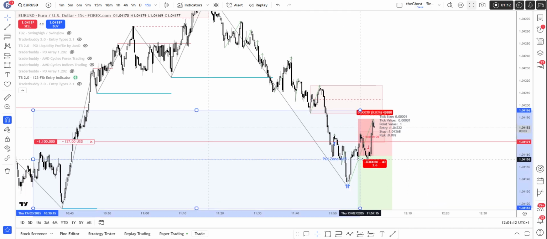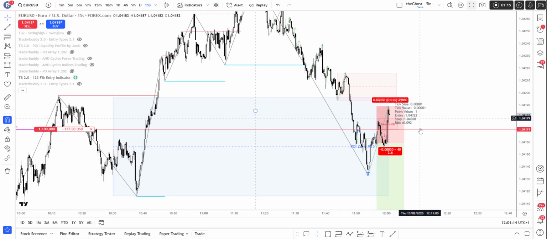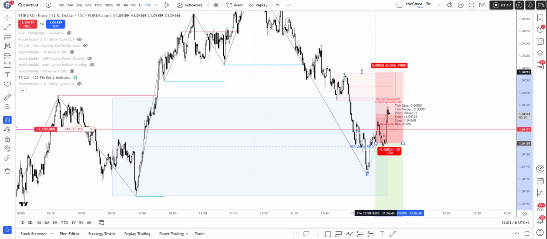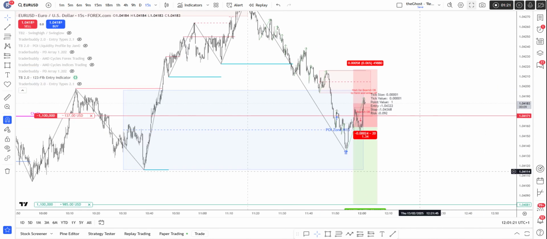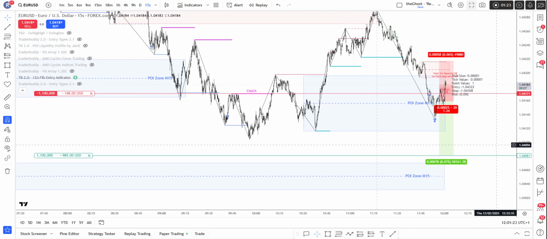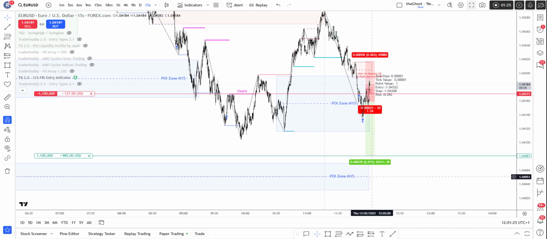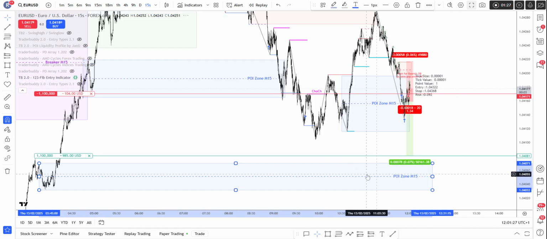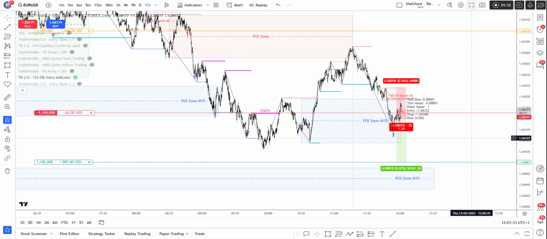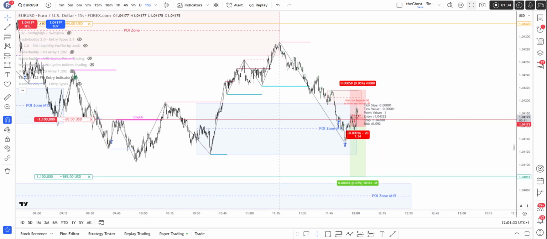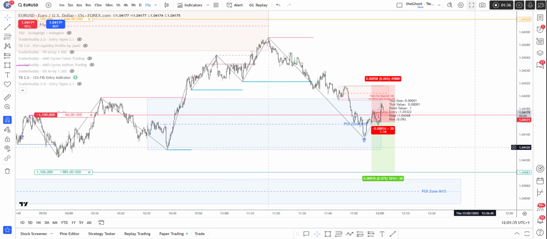And this is the top of the higher time frame PD array. This one needs to be here, because I still have my target down here. This was my initial target. So let's see if we get there. And when we get there.